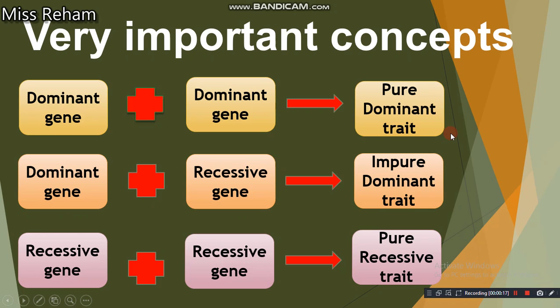I can define a pure dominant trait as a trait that appears when aggregation, meaning joining or combination, of two similar genes, like in the first case, dominant gene and dominant gene, to produce pure dominant trait.